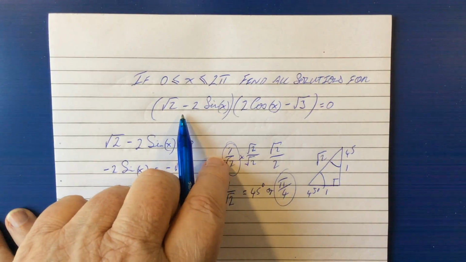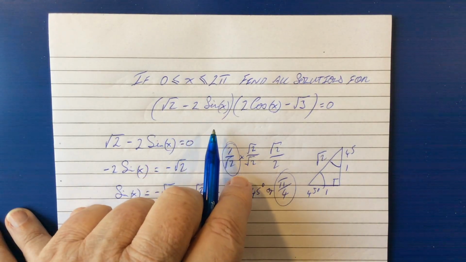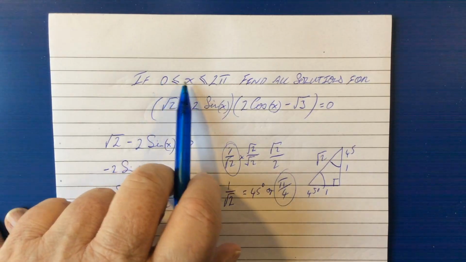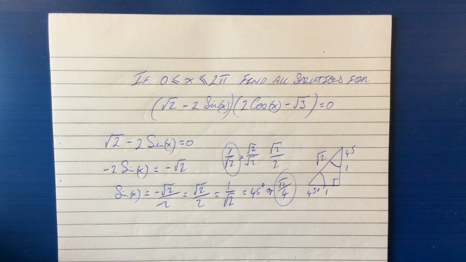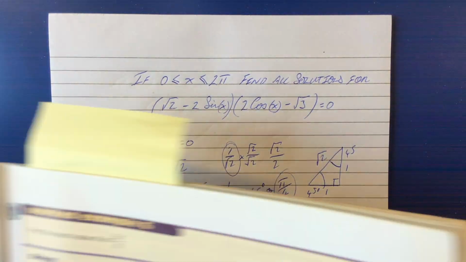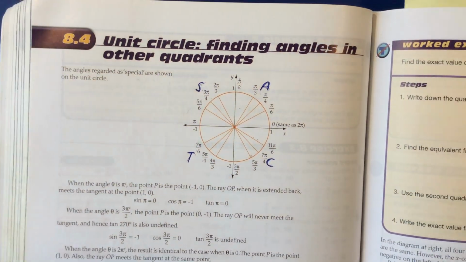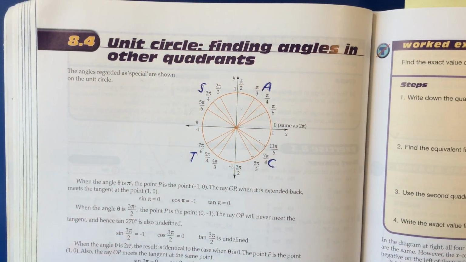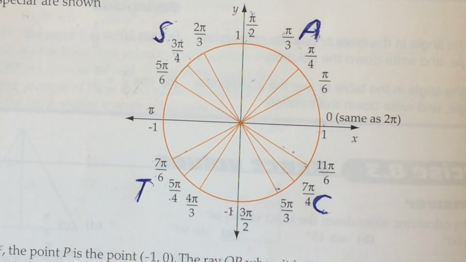Pi on 4 is going to make this equal 0. But we have to look between 0 and 2 pi. And for those purposes, what I've done is I've got out one of my old textbooks, which you can see I've written in. And we'll just have a quick look at this. Now, all sines, cosines, and tangents are positive here. We know what we're looking for.